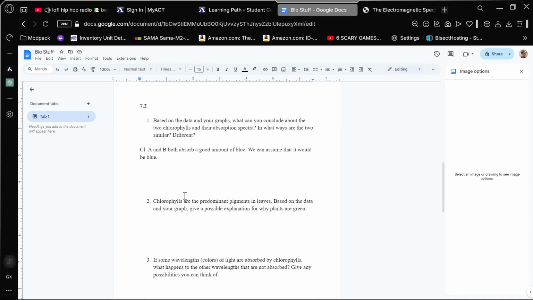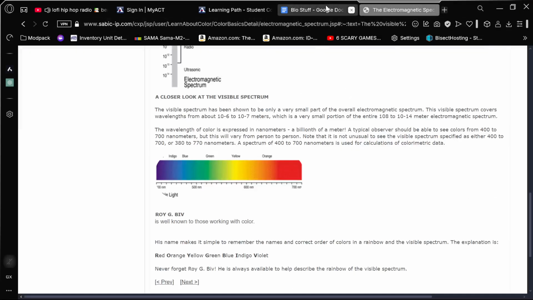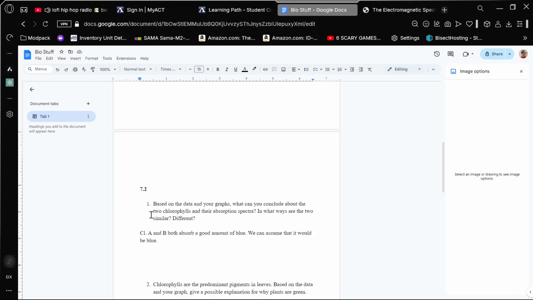Okay, so chlorophylls are the predominant pigments in leaves. Based on the data and graphs, give a possible explanation for why plants are green. Am I looking at this wrong? Because I look at it 450. Actually, I think we can assume that they would be green as they absorb everything else except for green.